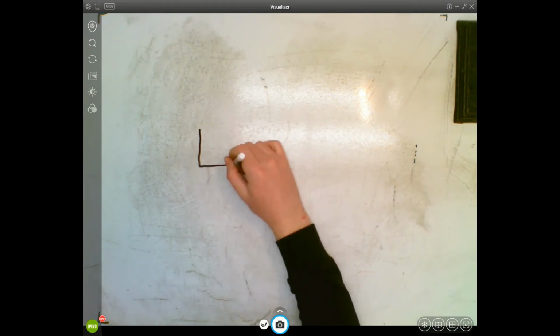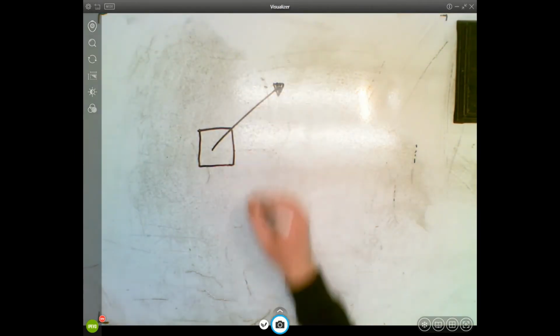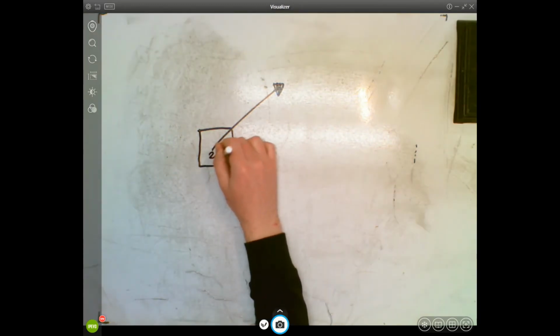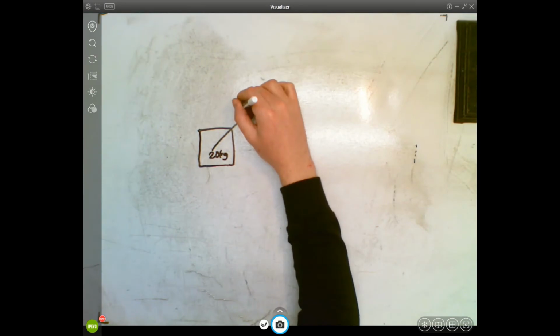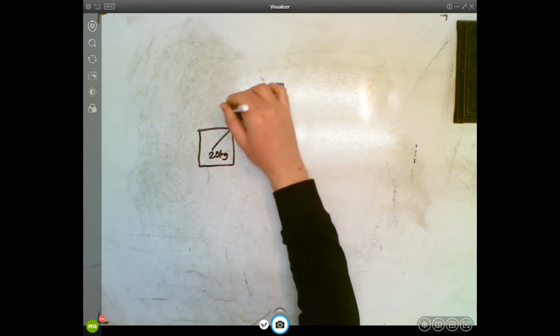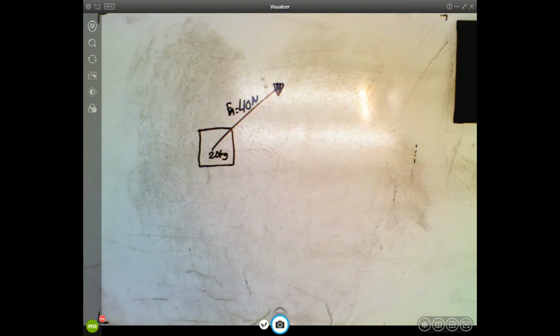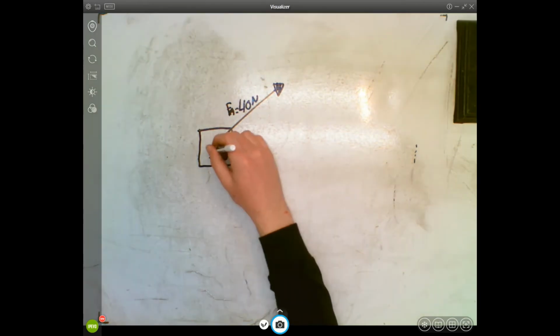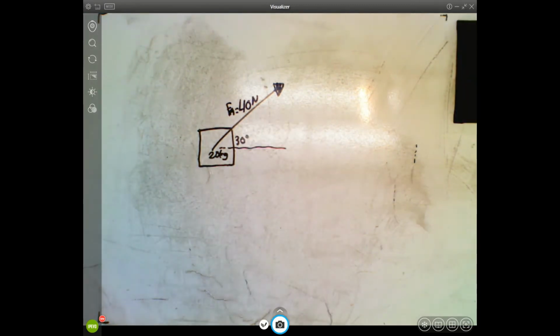We have a 20 kilogram wagon, being pulled with a force of 40 newtons, that's my force applied, at an angle of 30 degrees from the horizontal. And it moves a distance of 10 meters.